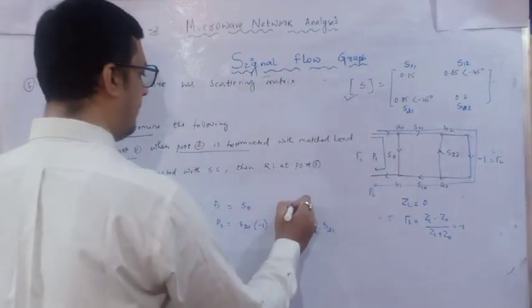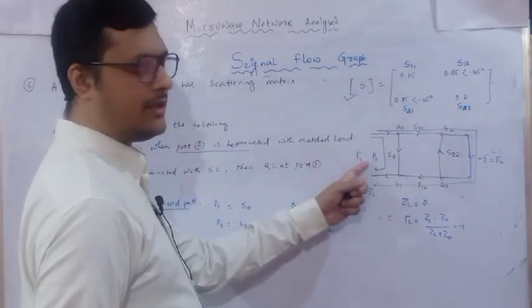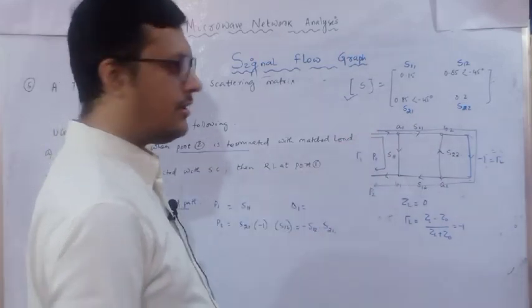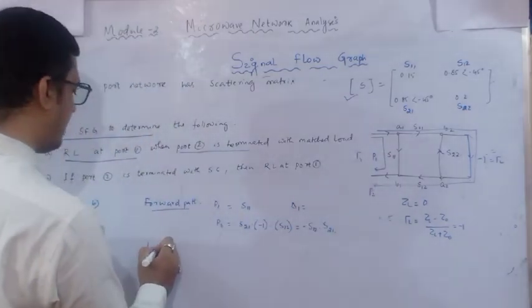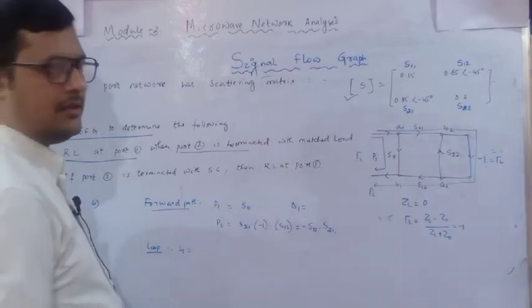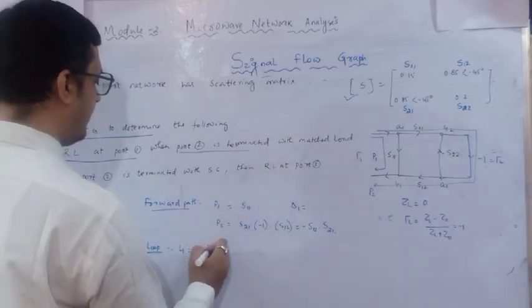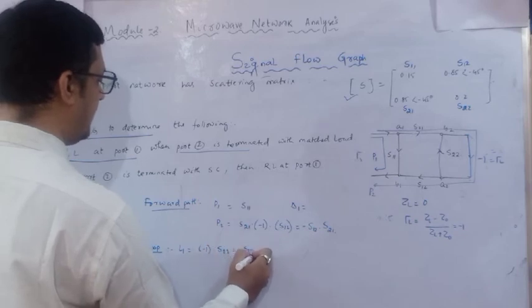Next we have to identify del 1. For path 1, this loop is a non-touching loop. How many loops are there? Only one loop is available. What is its value? Minus 1 into S22, so it is minus S22.